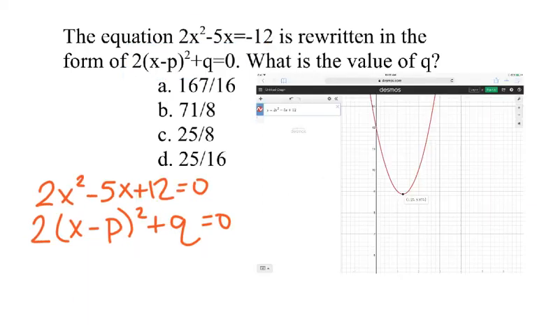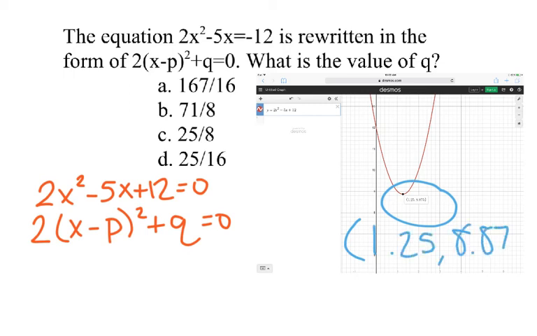Okay, so I took a screenshot of Desmos, hopefully you can see it, and I just clicked on the vertex. I got that the vertex was at 1.25, comma, 8.875. So remember, usually I would call this one h and k, but for some reason they're using p and q. But we're going to do the exact same thing.